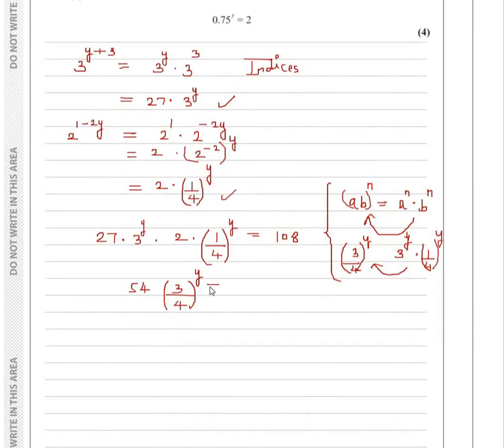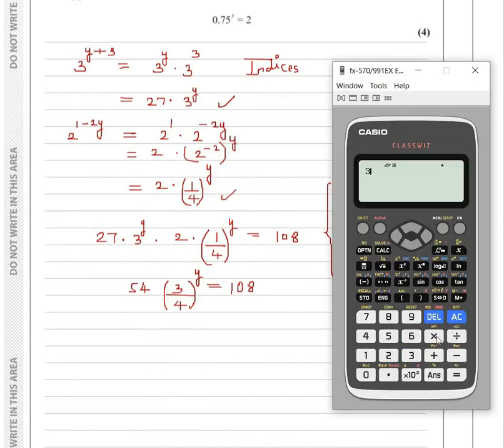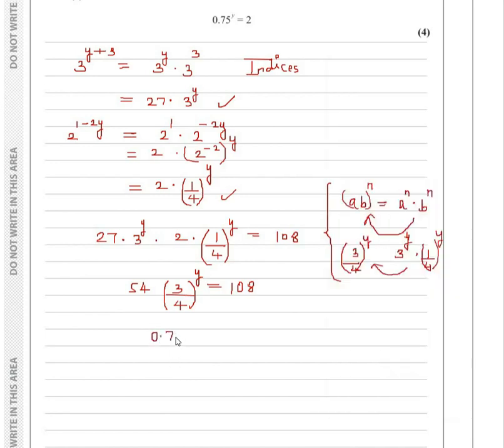So this becomes equal to 108. 3 over 4 is nothing but 0.75. So 3 divided by 4 is 0.75, as you can see. So 0.75 raised to the power of y equals 108 over 54.